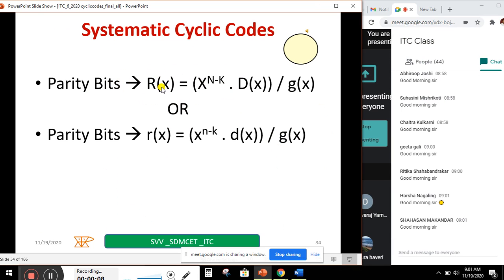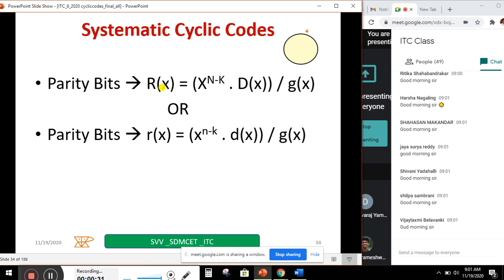Last class we discussed non-systematic cyclic codes, and today we continue the discussion of systematic cyclic code. Last class all of you copied this R of x equal to x raised to n minus k into d of x whole divided by g of x.